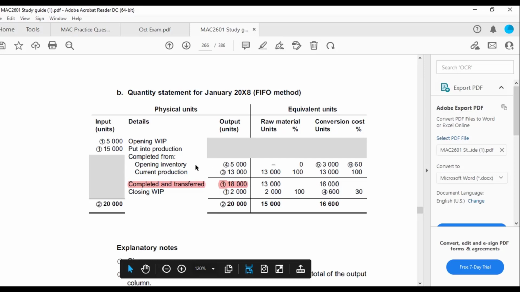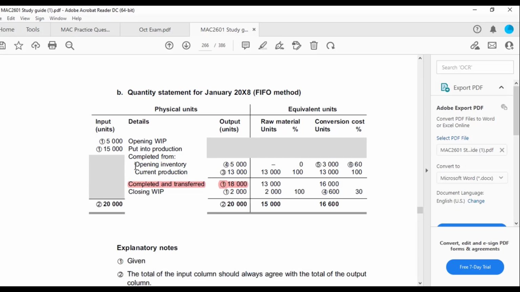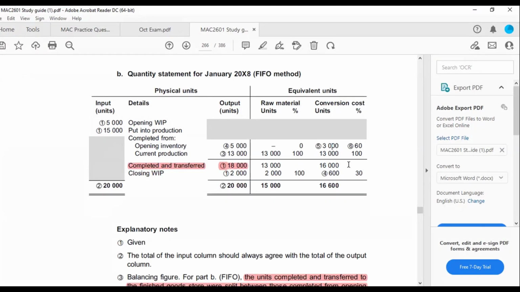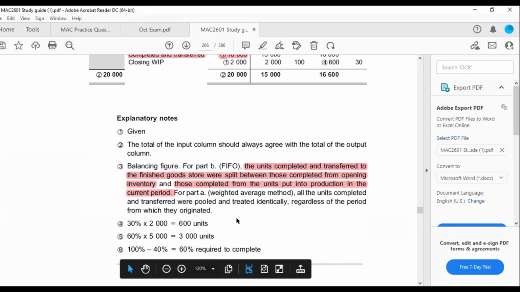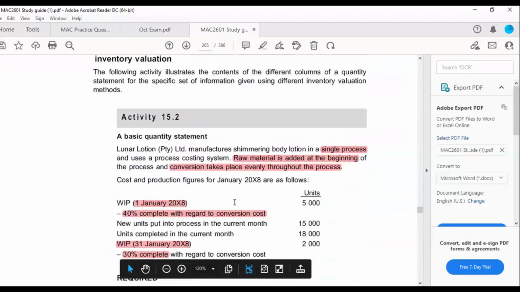Let's look at the raw material. For the opening WIP, we don't recognize raw material because it's coming in at 0%. But here comes something interesting. The conversion cost is 60%. Why?